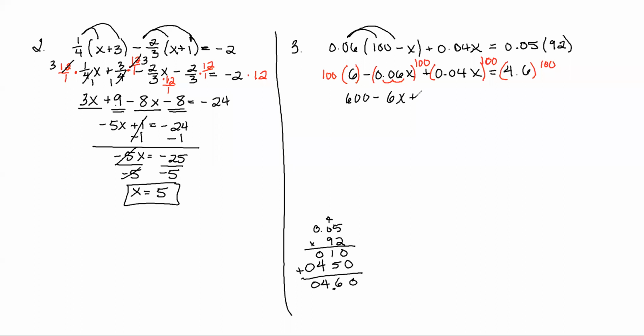Plus, same thing with our 0.04, move it over 2 places, and it's at the end, so it's just a 4x. And on the right, when we move this one over 2 places, it goes over once, twice, and so we need to add in another 0 over here, so it's 460.